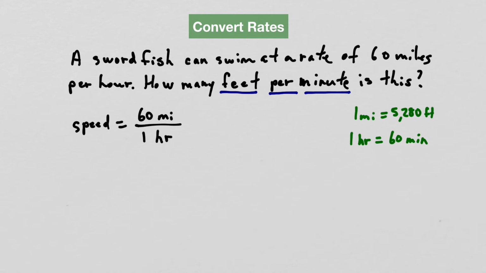So now we're going to take care of the numerator first by converting it from miles to feet. And to do that, you've got to multiply this ratio by 5,280 feet per 1 mile.